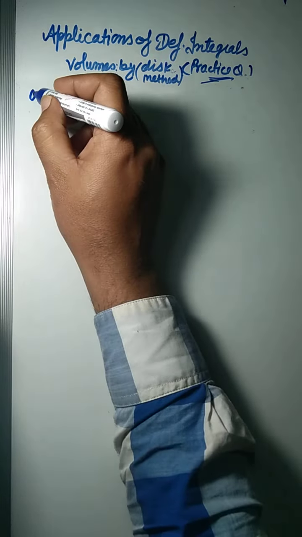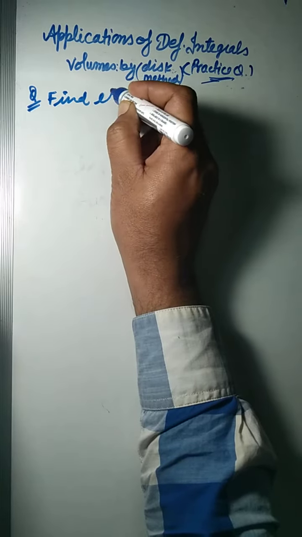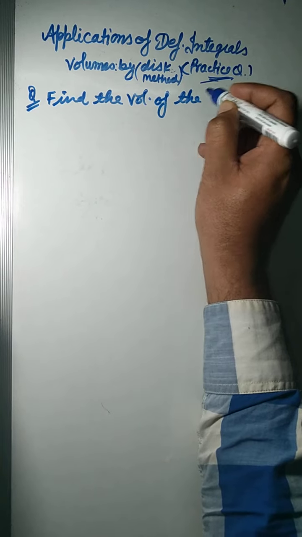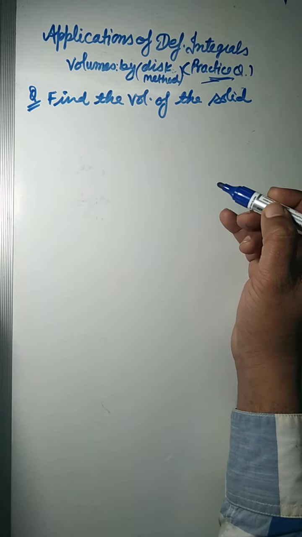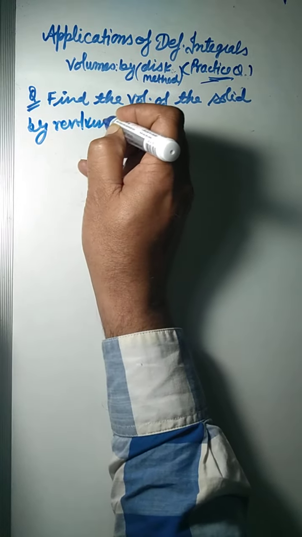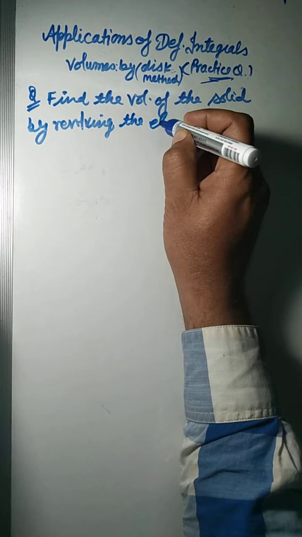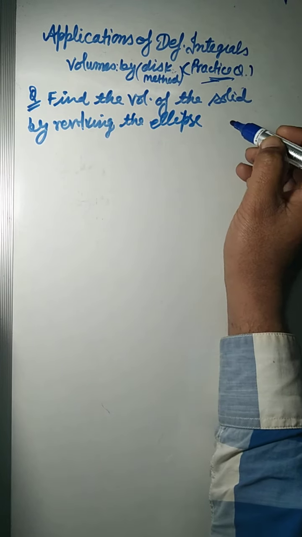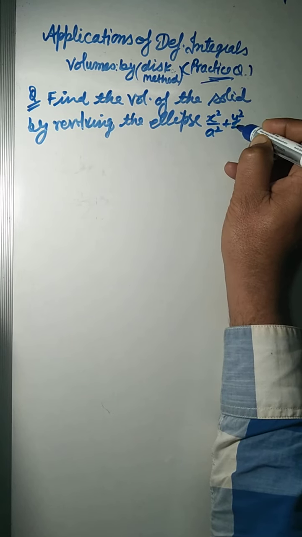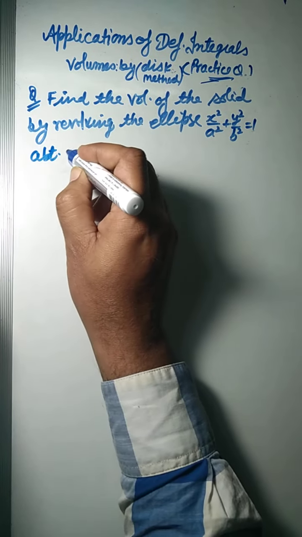Here question is that find the volume of the solid by revolving the ellipse x squared upon a squared plus y squared upon b squared equals 1 about x-axis.